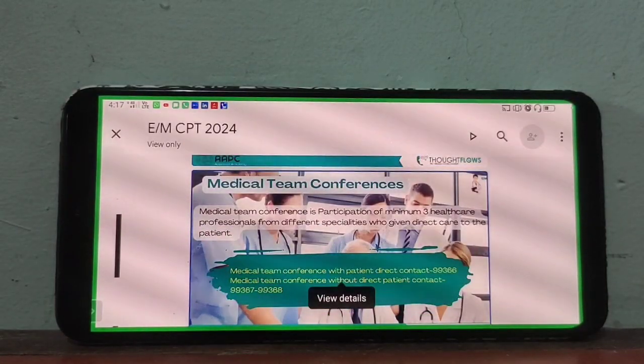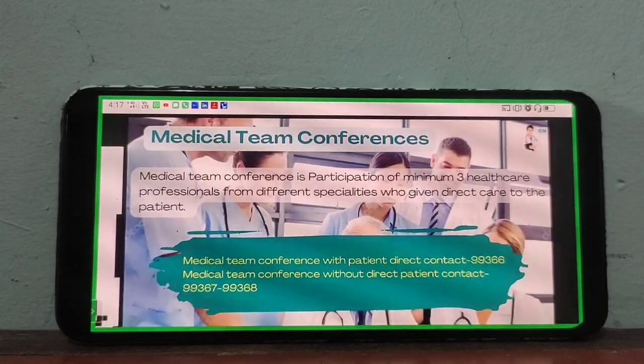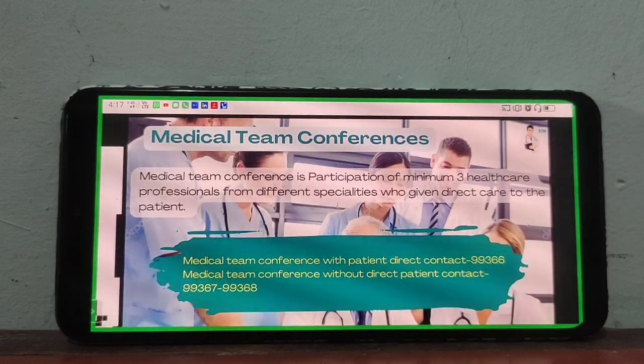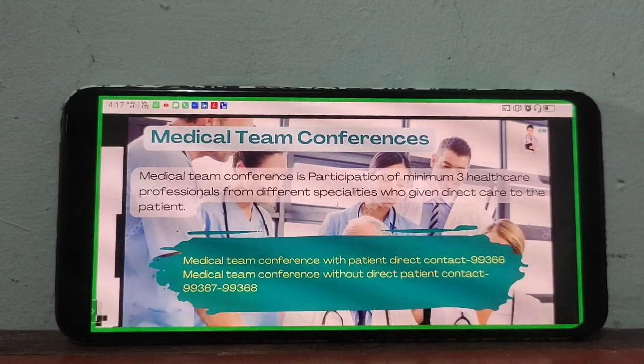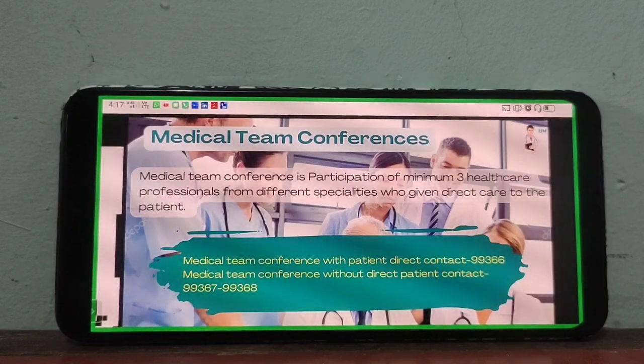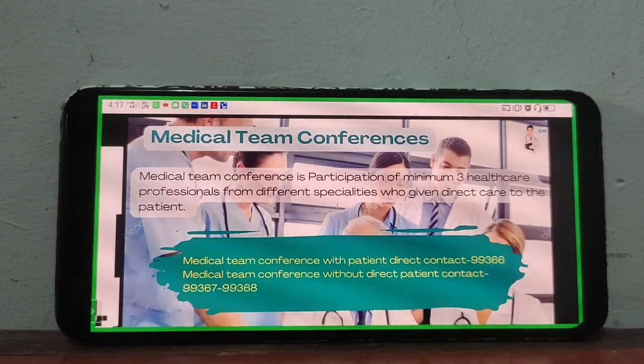Then medical team conference. A medical team conference is just like a meeting. In that conference, minimum 3 doctors are present from different specialties.